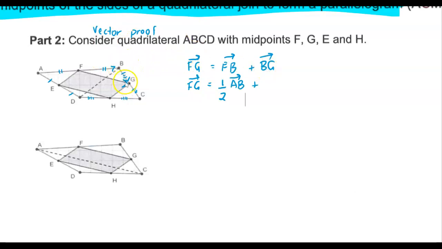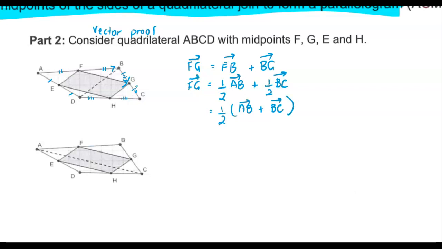So vector BG is a half of vector BC, because G we know is the midpoint of that side, so each part, either side of G, is equal. So half of vector BC. I'm just going to pull that half out the front. So we've got half, and we've got AB plus BC.